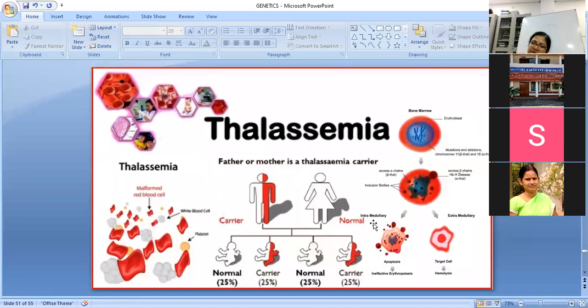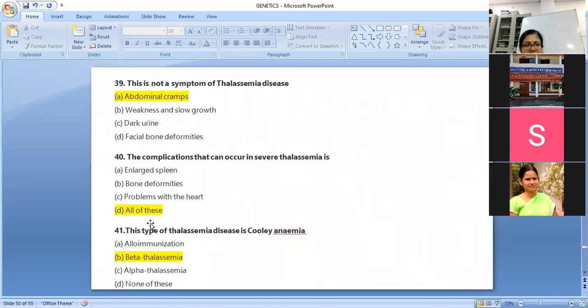Excessive chains, they'll either accumulate or one of the chains might not be formed properly. So this will lead to either apoptosis, death of the cell, or it will lead to hemolysis. Okay, in the target cell, hemolysis might occur, and these would be probably the structure of our RBC. So distorted RBCs will be formed.